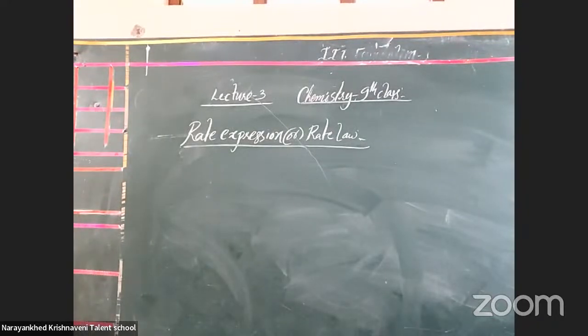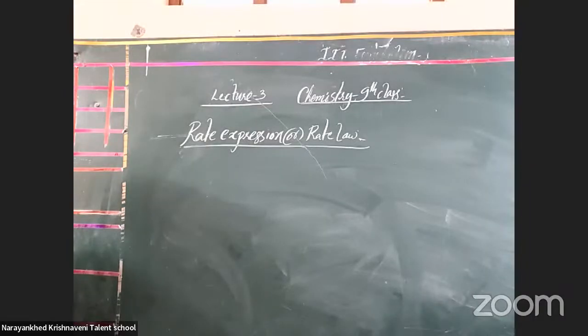There is one technique to find out the rate law. What is that? The expression or equation that correlates the rate of reaction with the concentration of reactants is known as the rate law or rate expression.